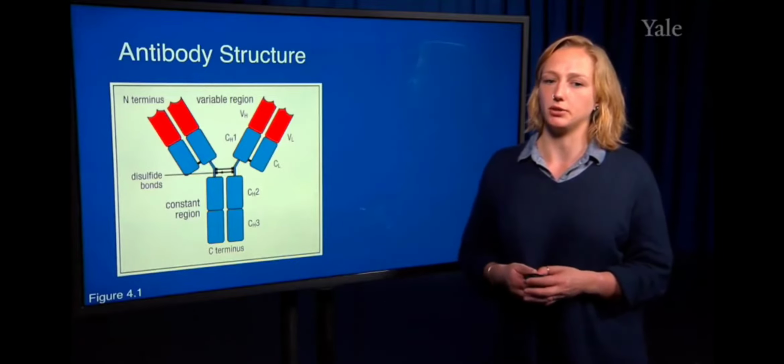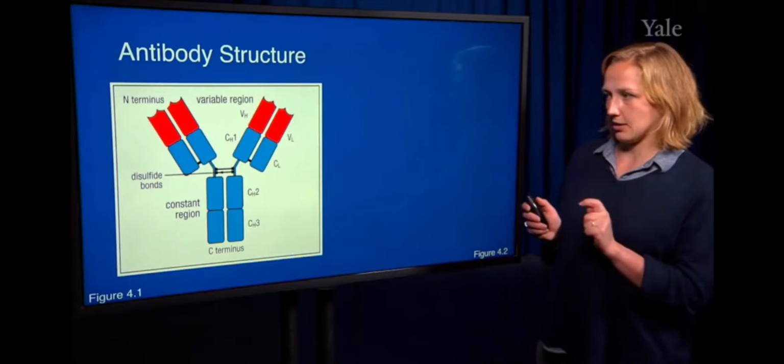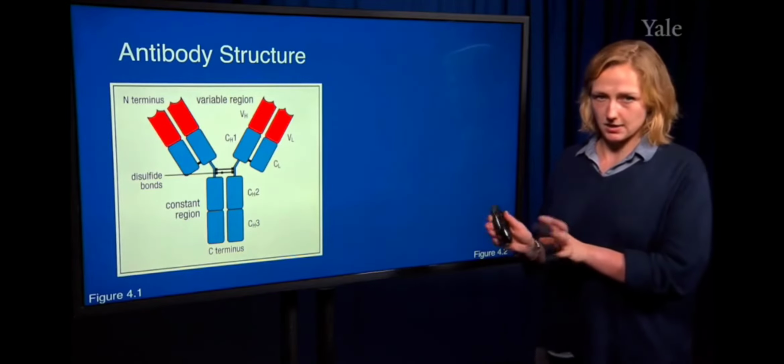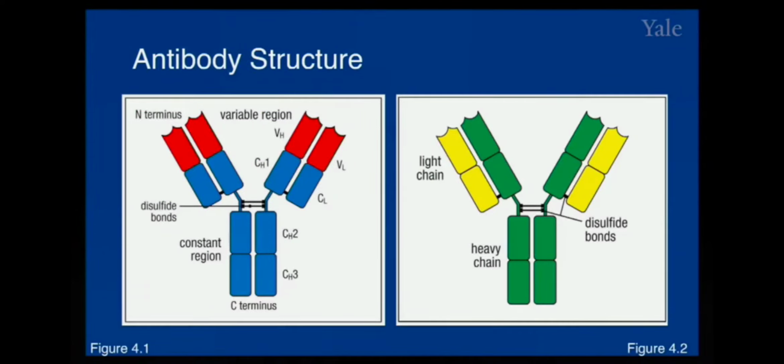Now, if we change the colors a little bit of this antibody to show you a different aspect, antibodies are actually made up of two identical heavy chains, seen here, and two identical light chains, seen here in yellow. So if you look at these two pictures together, you can appreciate that antibodies are heterotetramers, which means they are made up of four chains, so two heavy and two light.